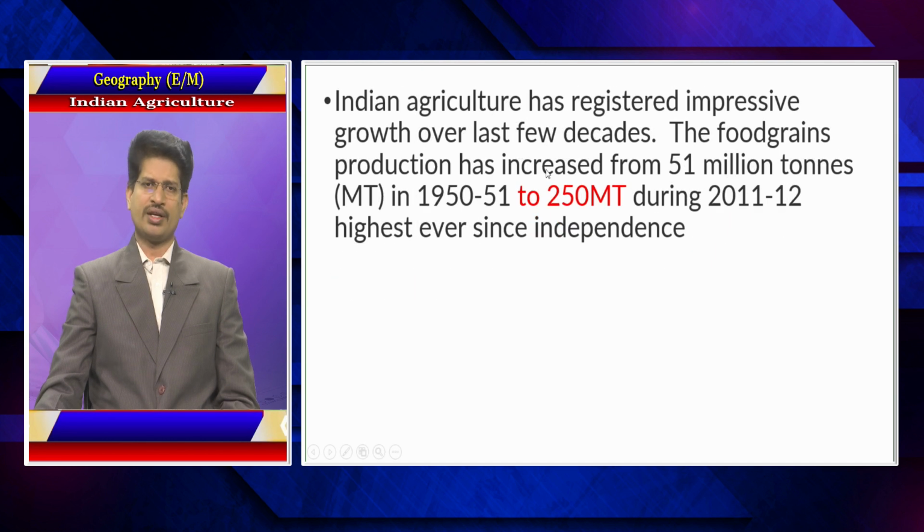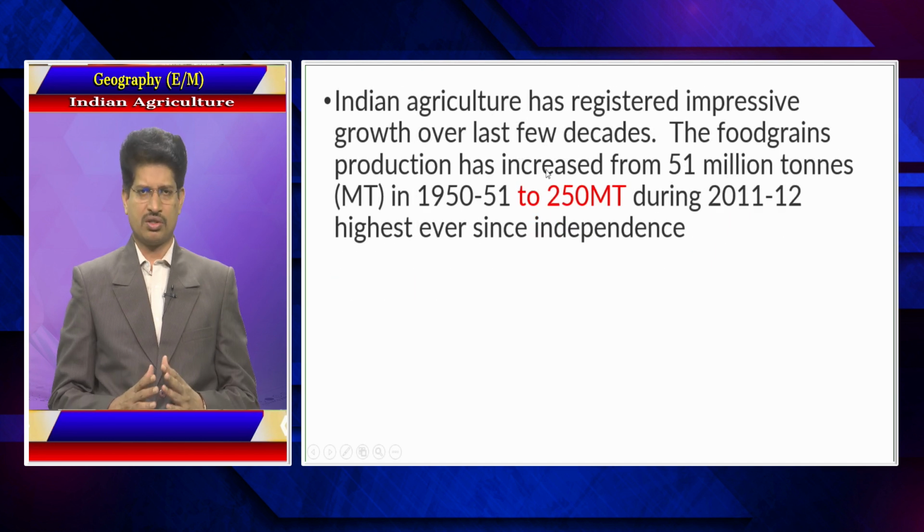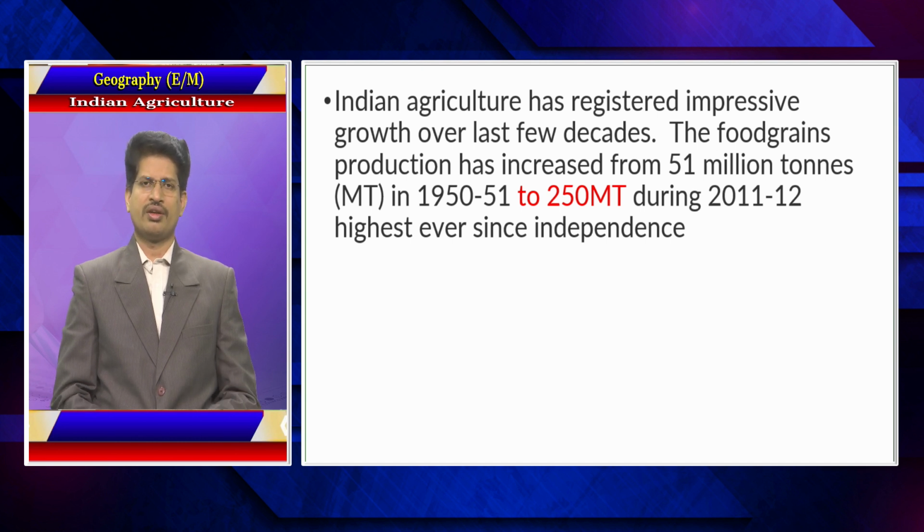In this process, because of different factors, construction of different kinds of projects and improvement in technology, irrigation technology, fertilizers, pesticides, and other factors, the amount of agricultural produce has gradually increased to 250 million tons in 2011-12.